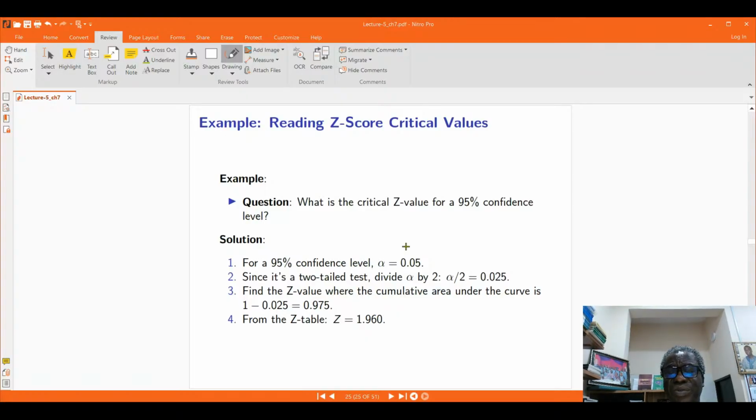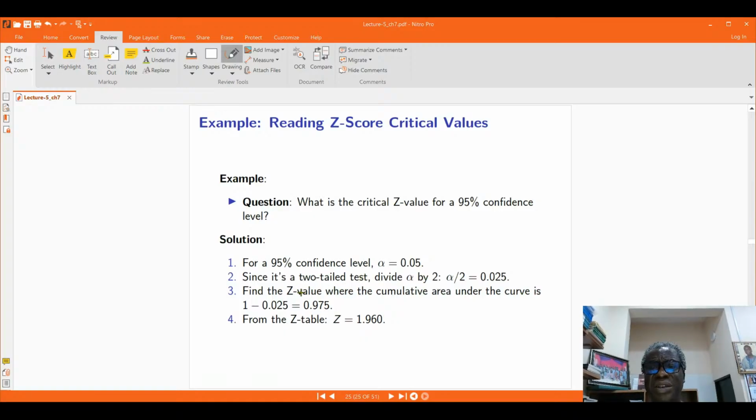That's what we want to determine now: the critical Z value for a 95% confidence level. As I said earlier, for a 95% confidence level, the corresponding level of significance, which is alpha, is 0.05.